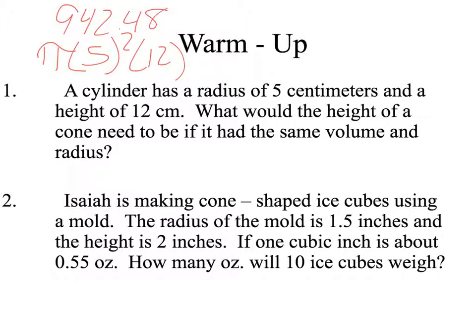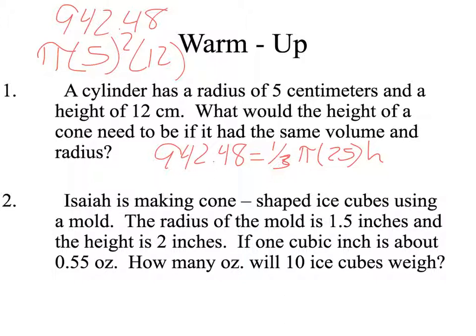And what would the height of a cone need to be if it had the same volume as the radius? So we gotta think this one through a little bit. So we're gonna have the same volume, so 942.48, and that's gonna equal 1/3 times pi times 5 squared, which is 25, and we're looking for that height.